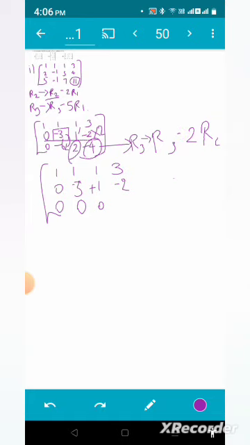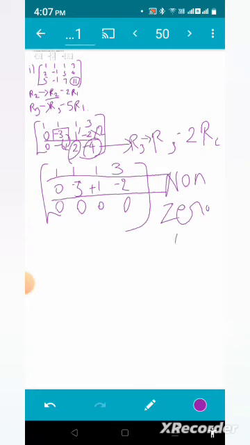So minus 4 plus 2 into 2 is 4. So I can get 0 here also. So from this the non-zero rows are this and this. Non-zero rows, because these numbers are all 0. So we get 2 rows are non-zeros.